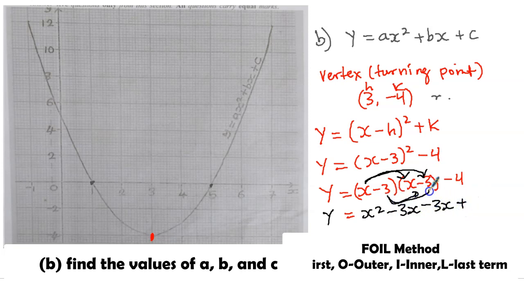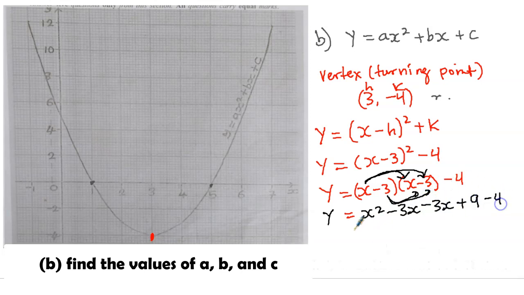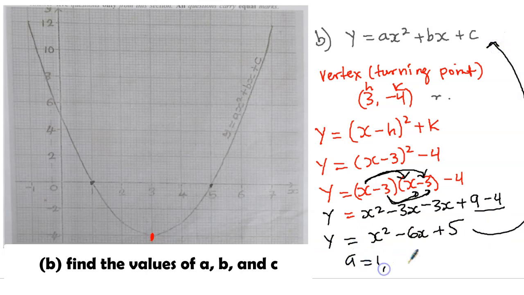And then lastly this, you get 9, and then you bring this -4. You're going to combine the like terms, and we get x squared minus 6x, and then here we get 5. So you see we got the same here. So as you compare it with this, realize that the A is 1, the B is -6, and the C is 5 as we got it.